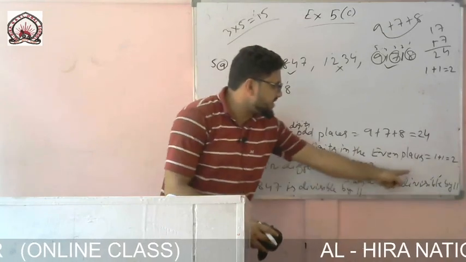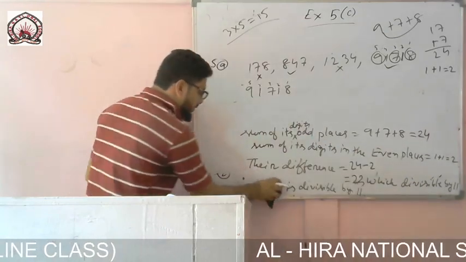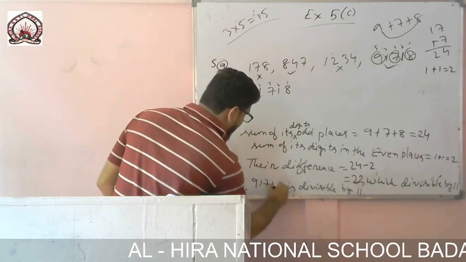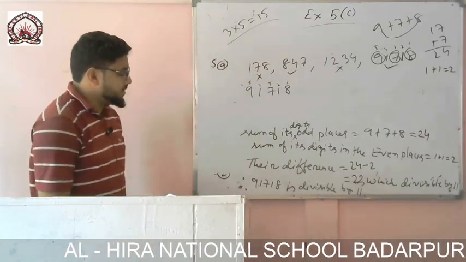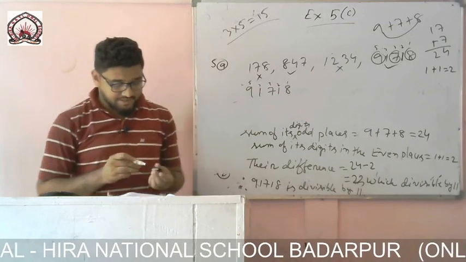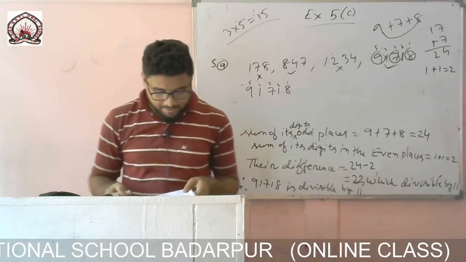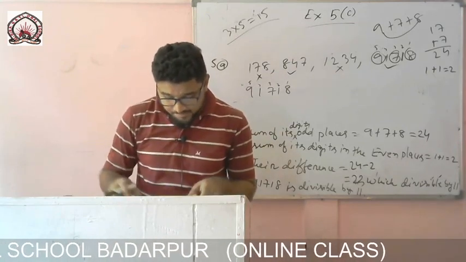And 22 is divisible by 11. Therefore 91718 is divisible by 11. Okay. The rest you practice. That is the same method, same formula.